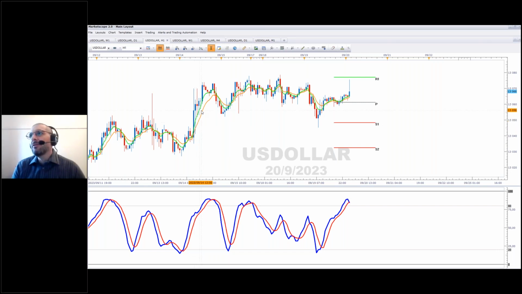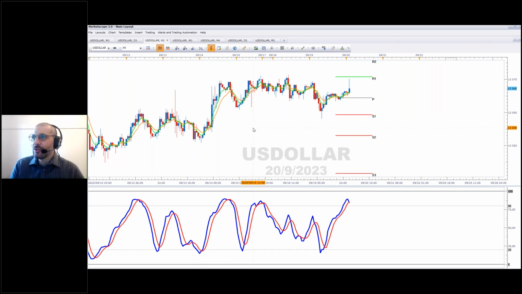It can be used as an overbought, oversold indicator. So if it gets too far away from the moving average, that would probably be registered as overbought if it's too far to the upside, and if it's too far to the downside, it will be regarded as oversold.